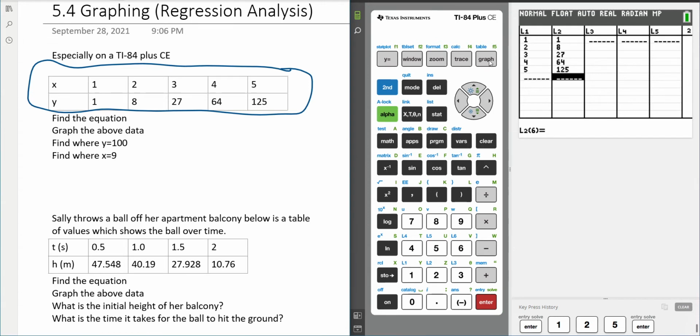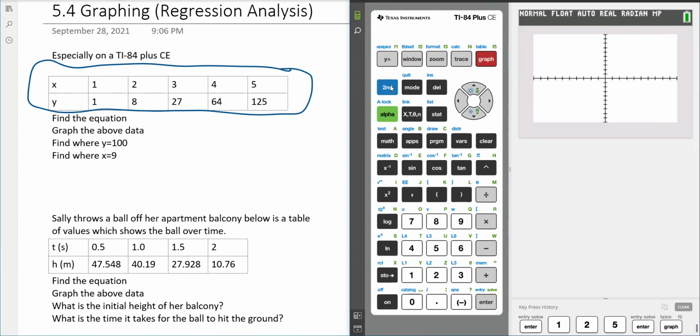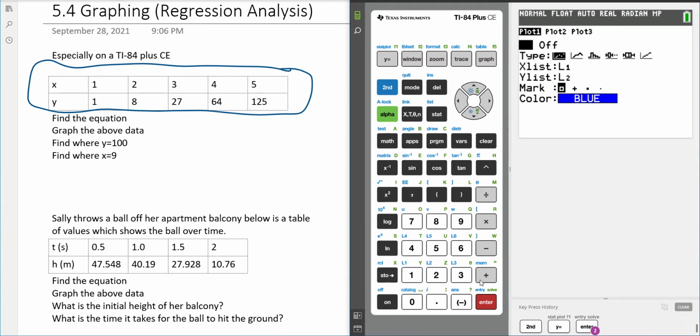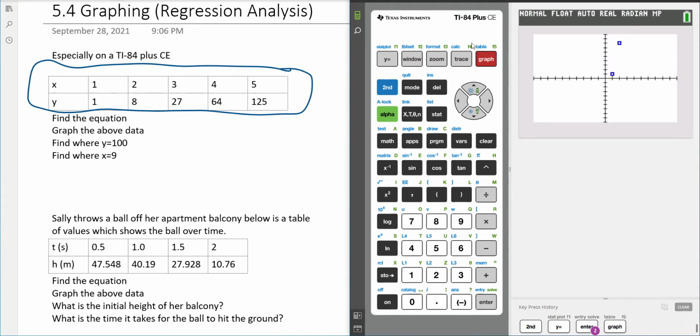And then one thing you need to check, if you don't see anything on the graph, is to click second function and turn your stat plot on. If it isn't on yet, turn it on, then try graphing. Now I only see 2 points, and we've got to ask ourselves, why is that?